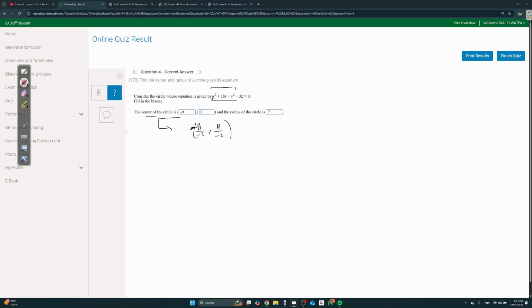Very easy. So a in this case is the coefficient of x, which is 18. So you're going to get negative 9, and then there's no coefficient of y. So for that reason we're going to say that the coefficient of y is 0, right? So 0 over negative 2 is equal to 0. So our center is minus 9 comma 0.